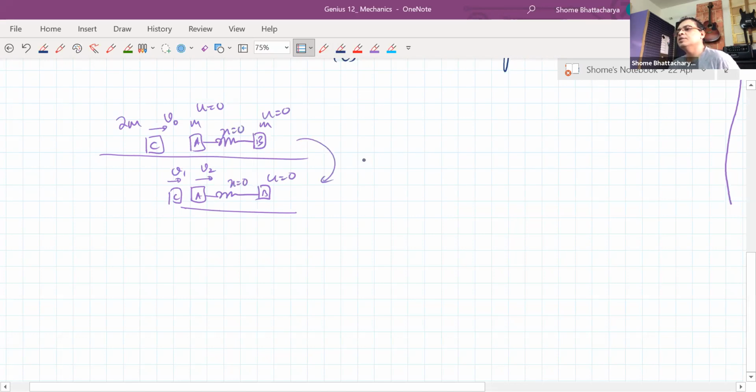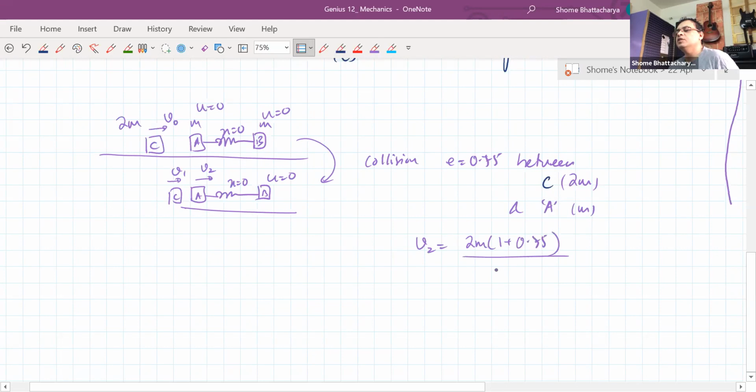So between this and this, what has happened? There is a collision with e equal to 0.75 between C of mass 2m and A, which is of mass m. So how can we get V2? V2 is the more important thing for us; V1 we don't really require. So V2 will be m1, that is 2m, into (1 plus e), which is 0.75, upon (m1 plus m2), so that is 2m plus m, into (u1, which is v0, plus u2, which is 0).